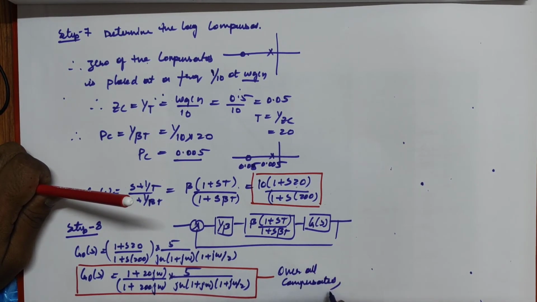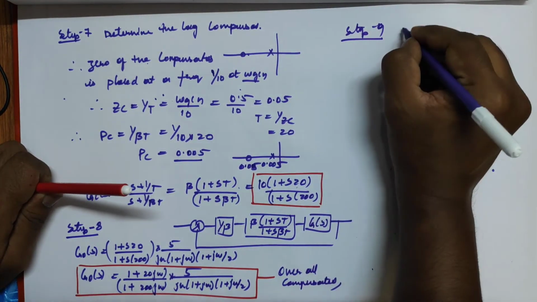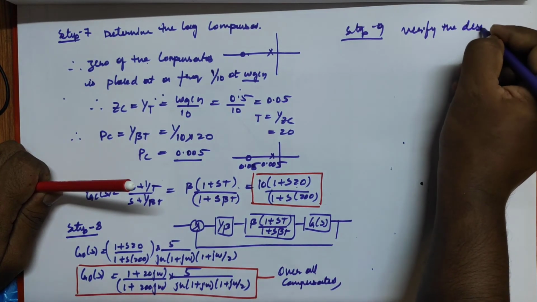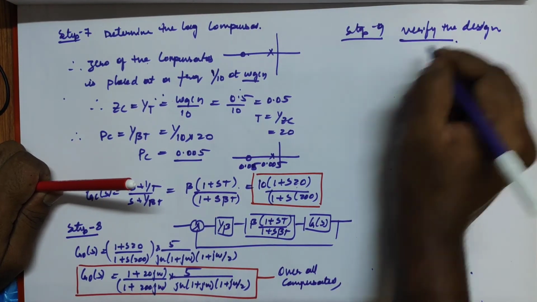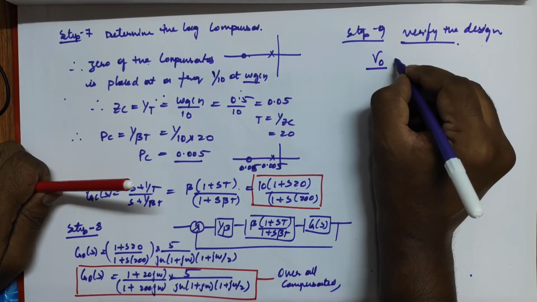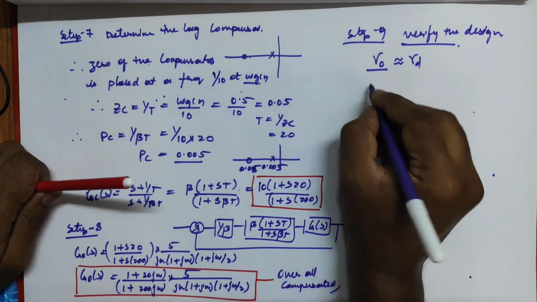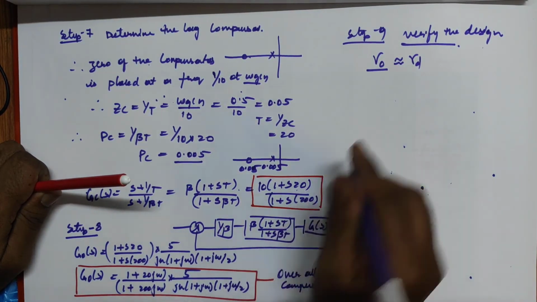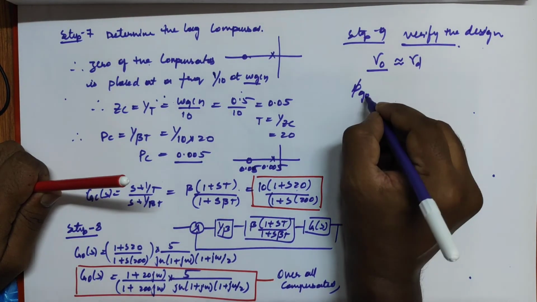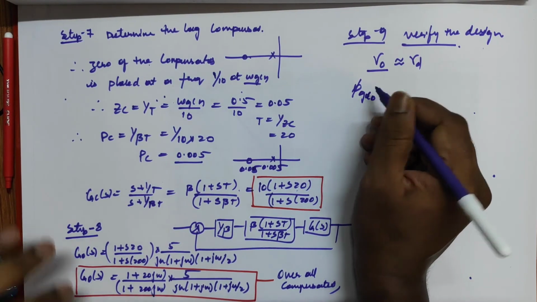Now step 9 is to check the table and verify the design. How we'll verify the design is, we have to find the overall phase margin, which should be approximately equal to the desired phase margin. To check that, we have to find the phase of the new gain crossover frequency, the phase of the open loop gain. What is the phase?